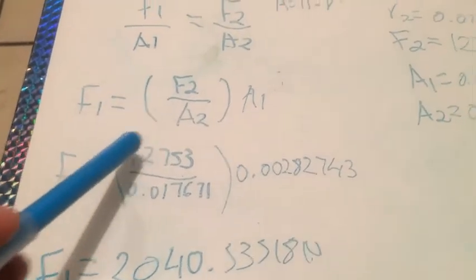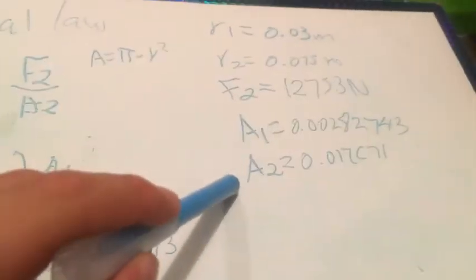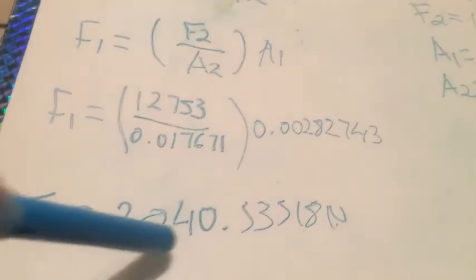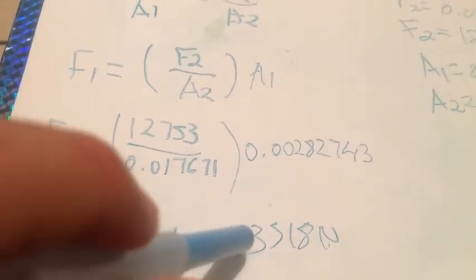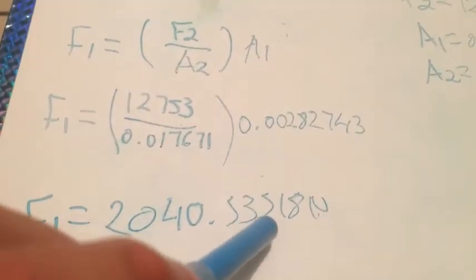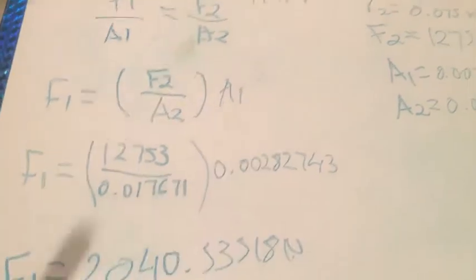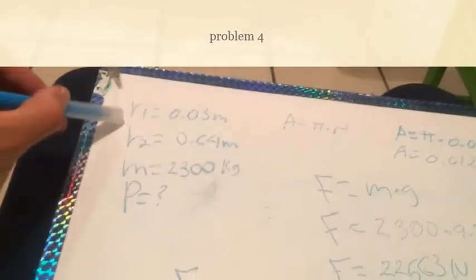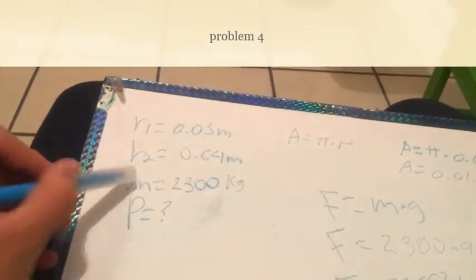So we substitute, force 2 over area 2 times area 1, and the result was 2040.51 newtons.